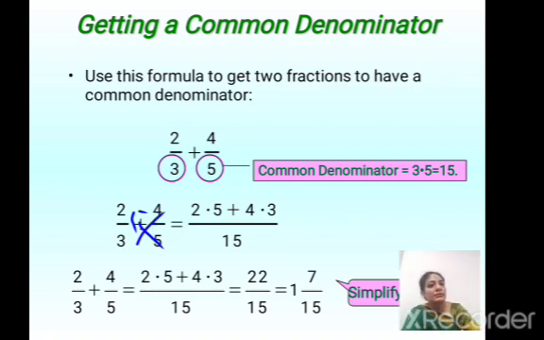So it becomes 2 into 5 plus 4 into 3 over 15. Now we can add them. 2 into 5 is 10. 4 into 3 is 12. 10 plus 12 is equal to 22 upon 15.